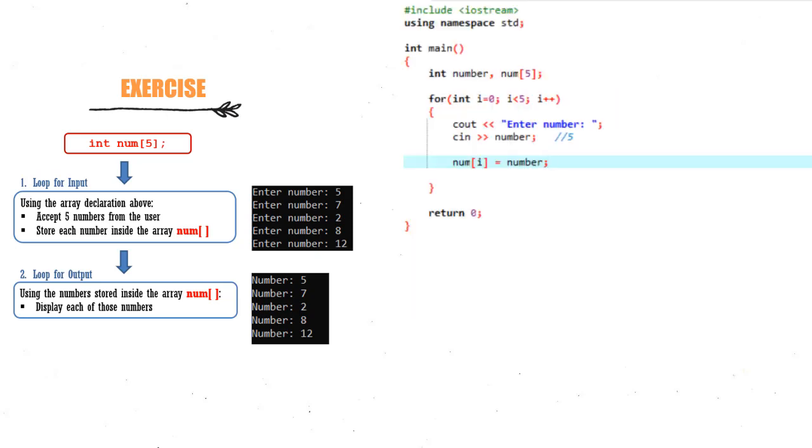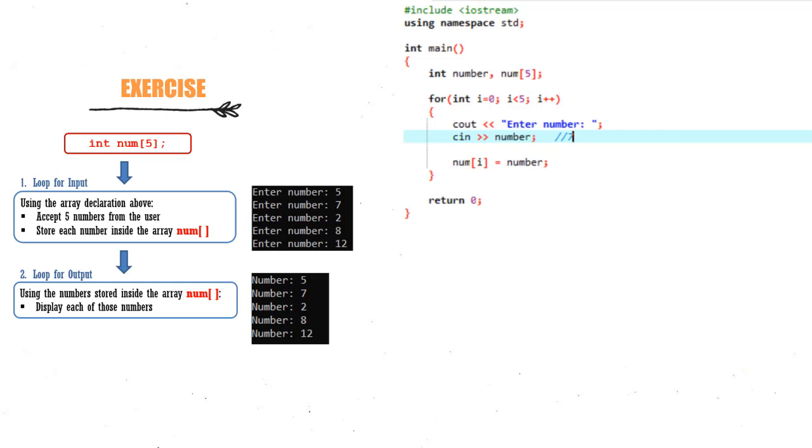Right? So let's say we've done this, and then we go back up. i++ now becomes 1, so we take the second number. Let's say our second number is 7. So num[i] goes from 0 to 1, and 7 will be stored inside the index 1.